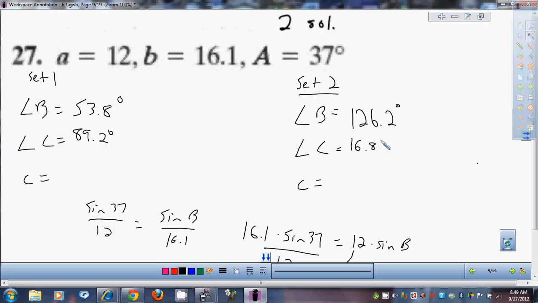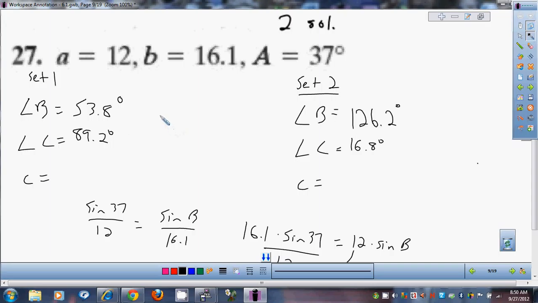16.8. All right, and then we'll find the two side C's by setting up two separate proportions. This one we'll use sine of 89.2 for side C, but this one will use sine 16.8 for side C. And you'll just solve them individually and be done with both possible solutions. I'll set those up. I don't guess I'll bother working them out completely.